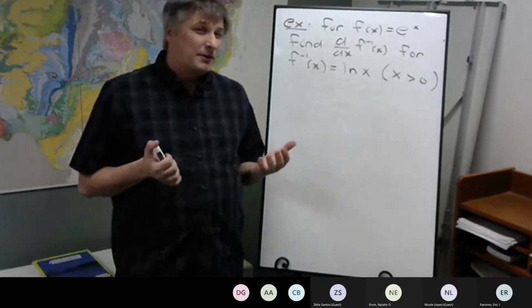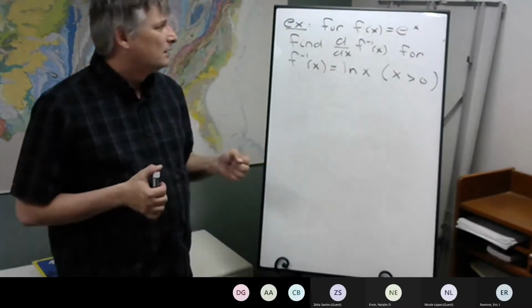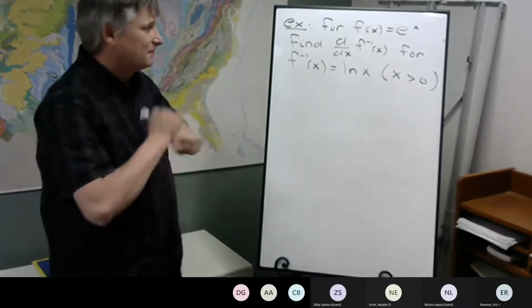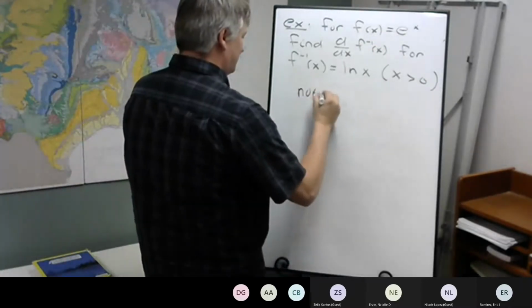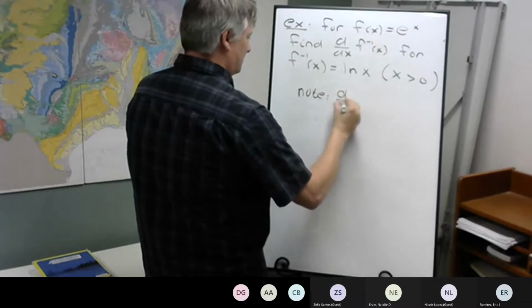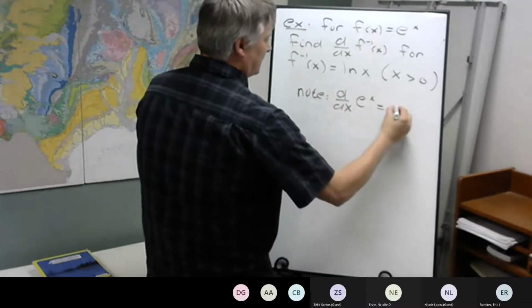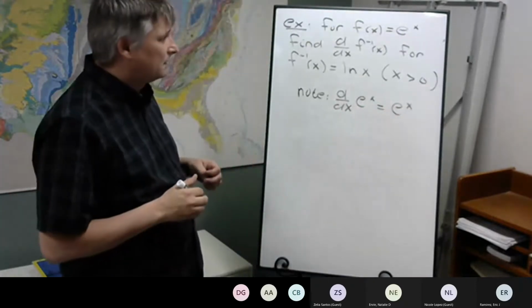We're going to try to figure out what the derivative is for the natural log of x. Now, we do have the derivative for e to the x. The derivative for e to the x is just e to the x. It doesn't change.